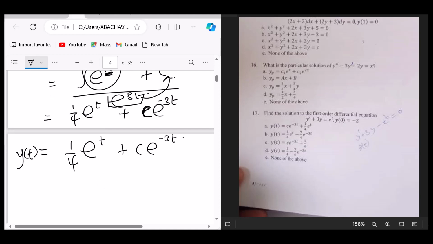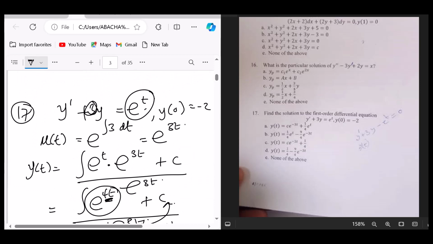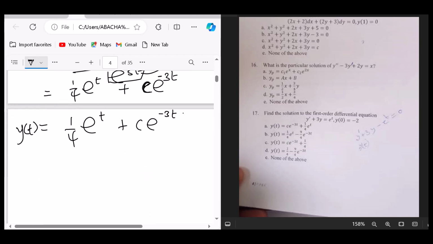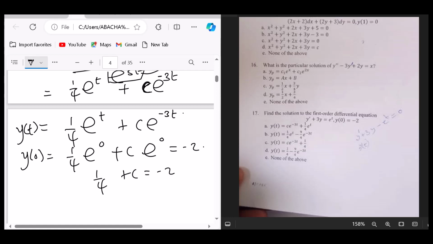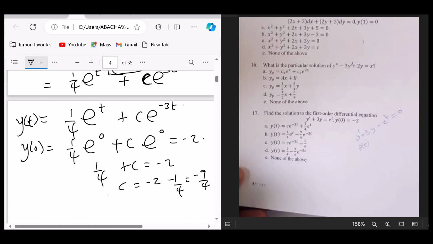But we have an IVP, initial condition, which is this: y of 0 equals -2. So y of 0 equals 1 over 4 e power 0 plus c e power 0 equals -2. So you get 1 over 4 plus c equals -2. c equals -2 minus 1 over 4 equals -9 over 4.